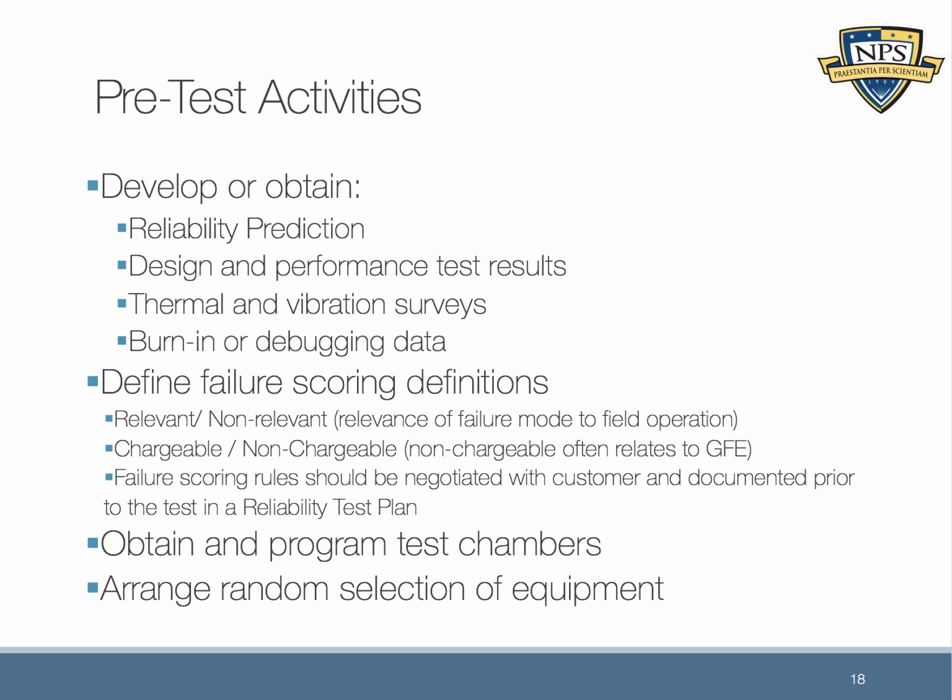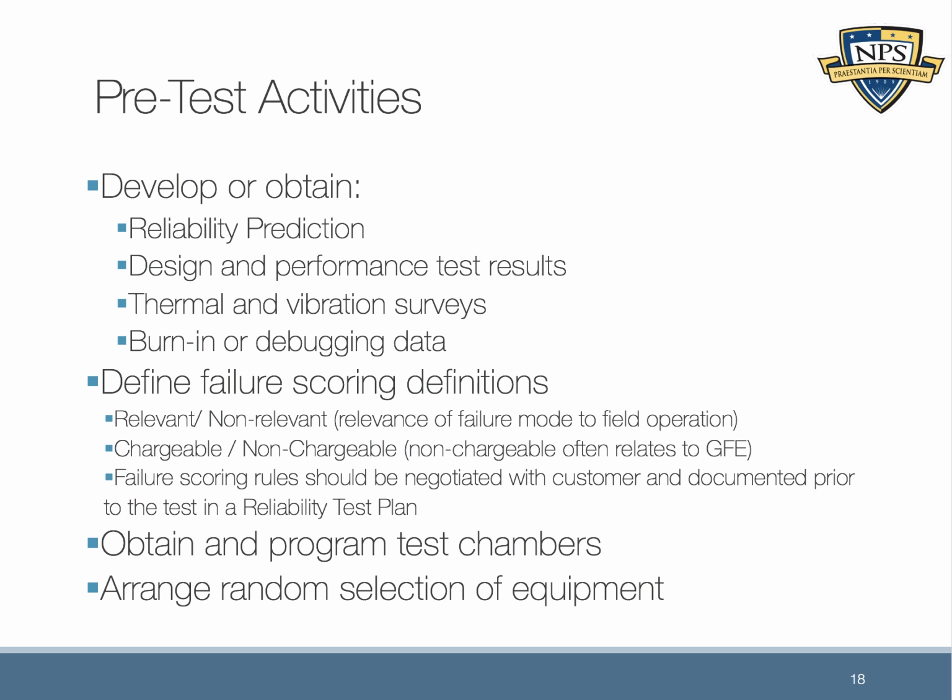Okay, in just a second, we're going to jump into some of the more specific types of reliability testing. Before that, I'll mention a couple of things. In terms of pre-test activities, these are just some things to think about, some things to remember.